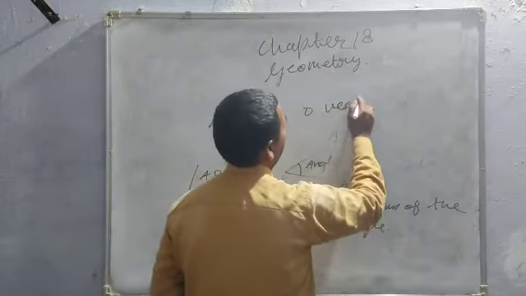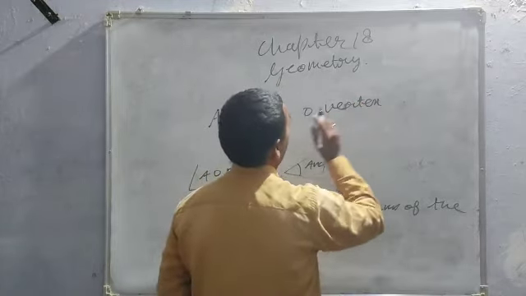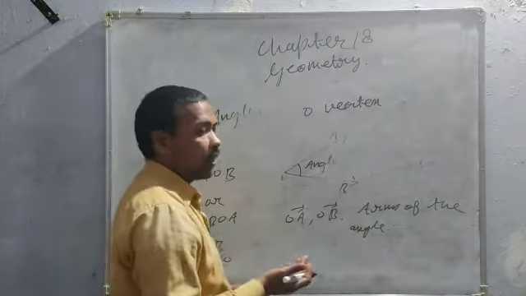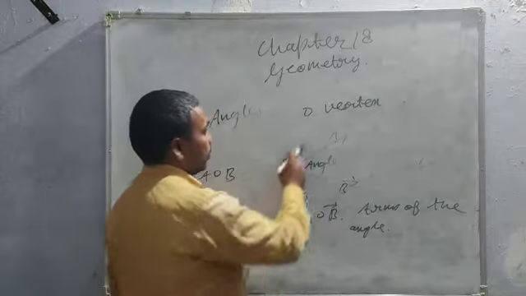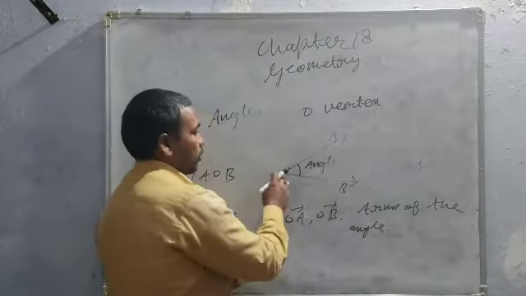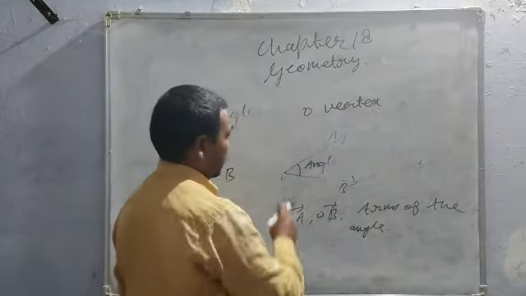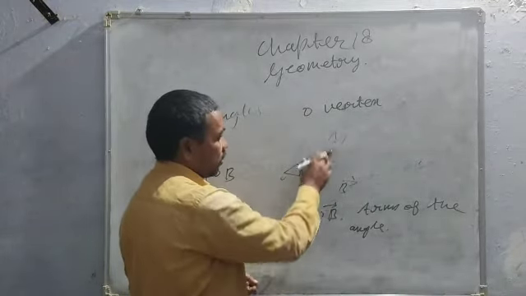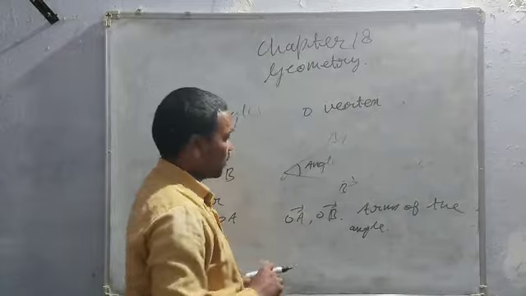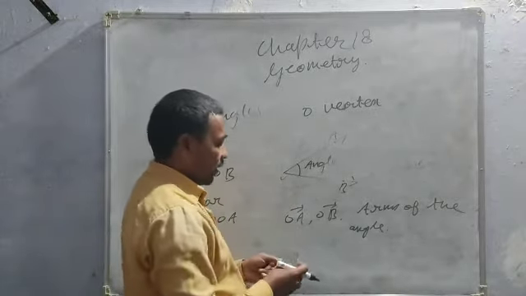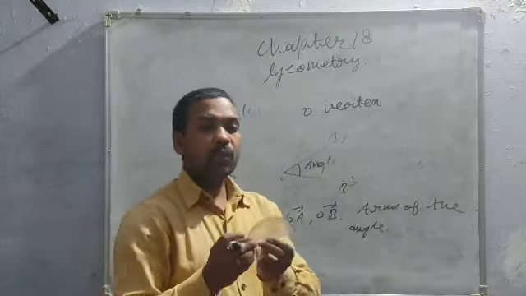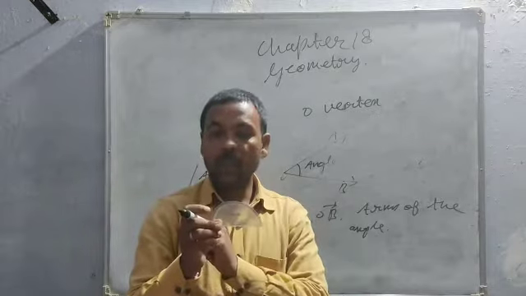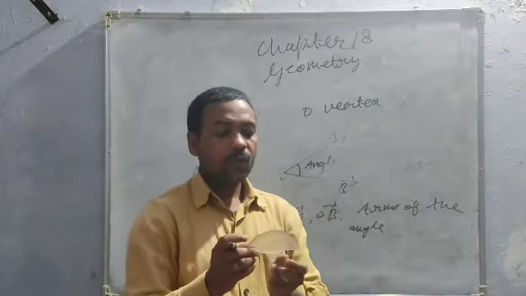This point can be named by any alphabetic letter. So this point is known as the vertex. This vertex is a point, and the space between these two rays is known as the angle, as I have discussed. Suppose you want to measure this angle. In your protractor two lines are given, one horizontal line and one vertical line.